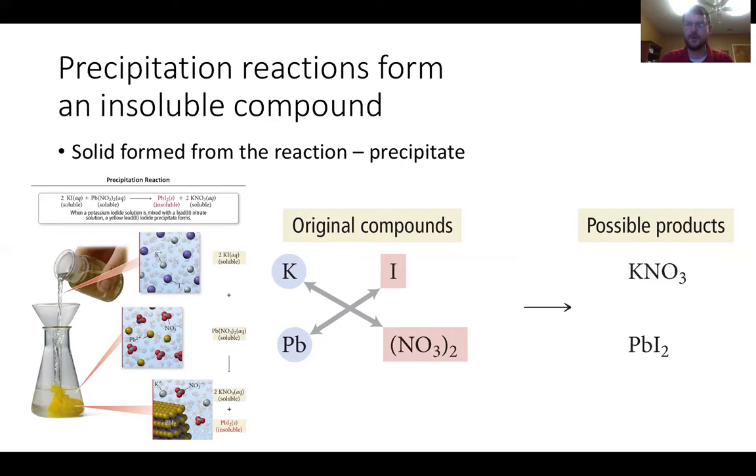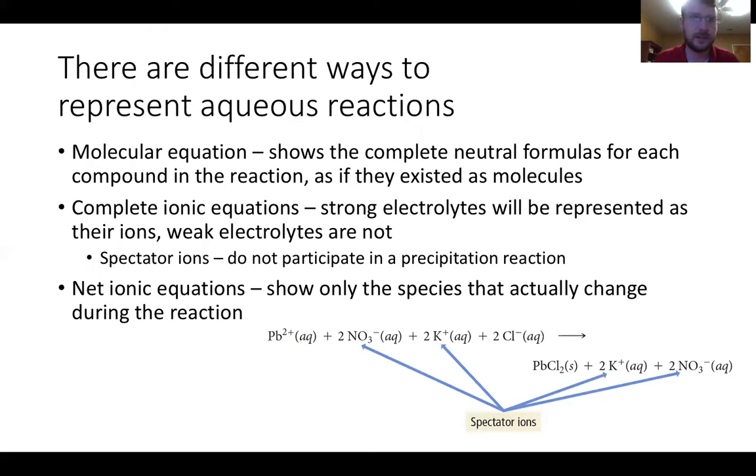What we're going to find out with precipitation reactions is there are different ways to represent these reactions. One way is the molecular equation that we're familiar with. I'm going to walk you through these ionic equations, and what we can do to make sense of the way that we draw them in the double displacement.